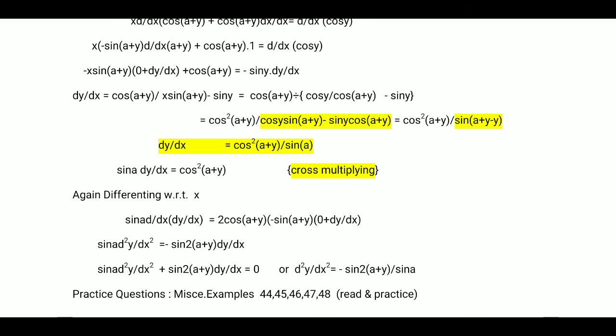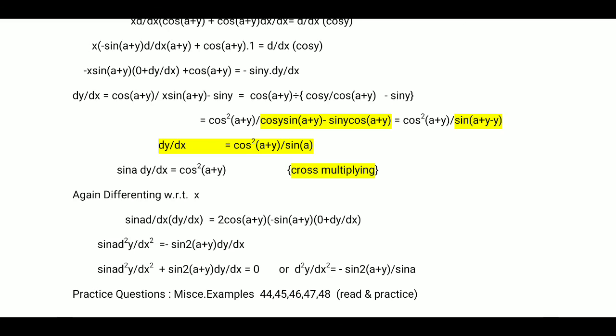First use the power rule: 2 cos(a plus y) to the power 2 minus 1, so this is 2 cos(a plus y), and the differentiation of cos(a plus y) is minus sin(a plus y), into the differentiation of (a plus y), where the differentiation of a is 0 and of y is dy upon dx, using the chain rule.